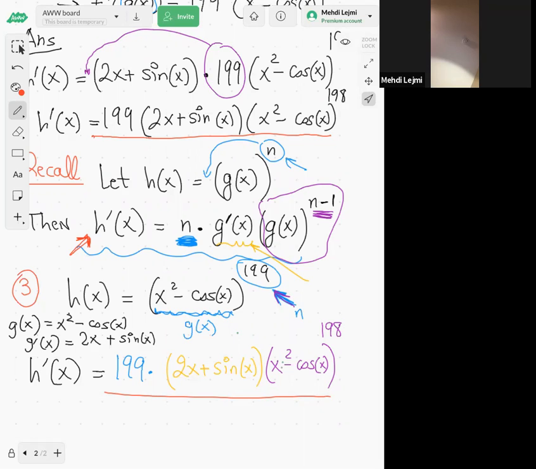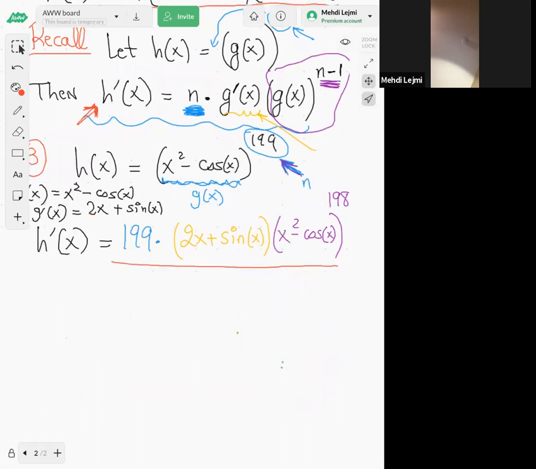So we write h of x as f composed with g. Now, the question is, what if we compose 3 different functions, not just 2, like let's say f, g, and k? What will be the derivative?